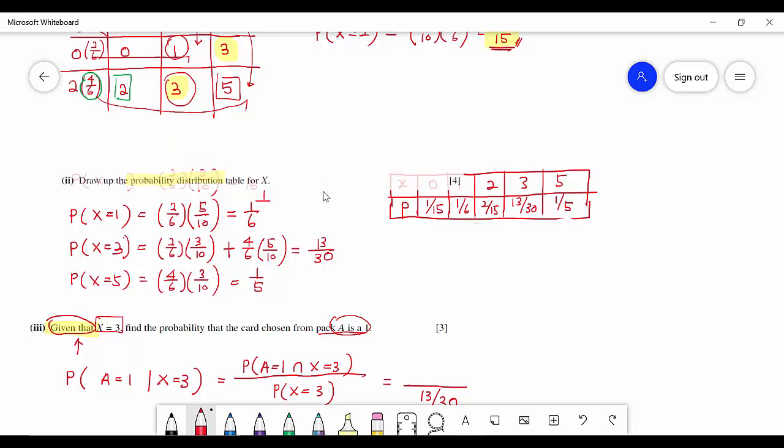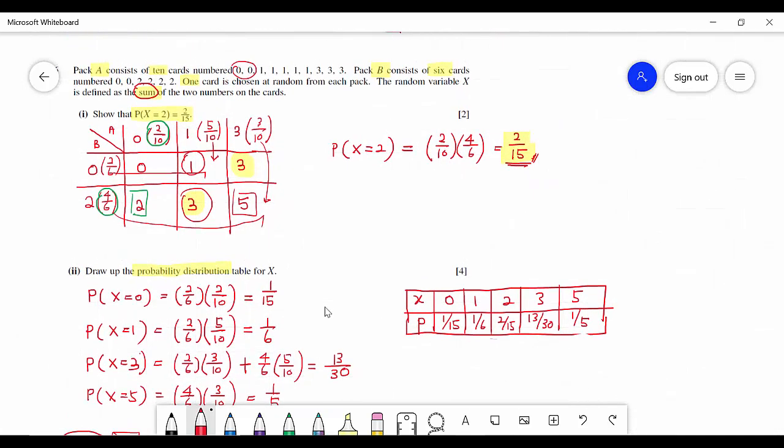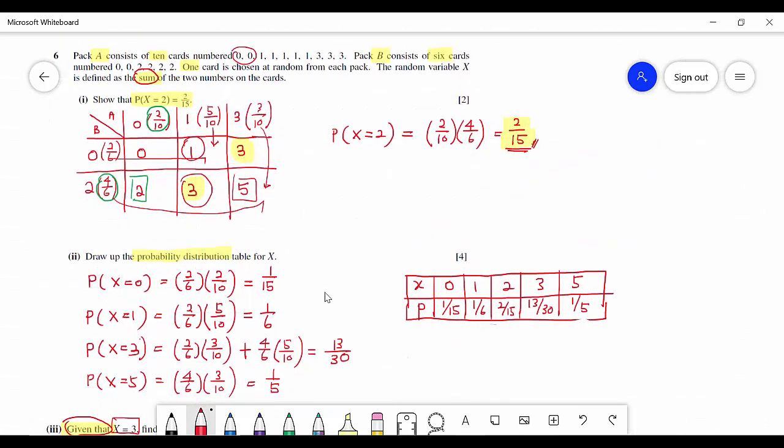So you need to refer back a little bit to our first part just now. If you look at it, the total is 3, which means you have 2 cases here, the first one and also the second one. But they want the outcome where the card from pack A is a 1. You can see that this is 1 from pack A.